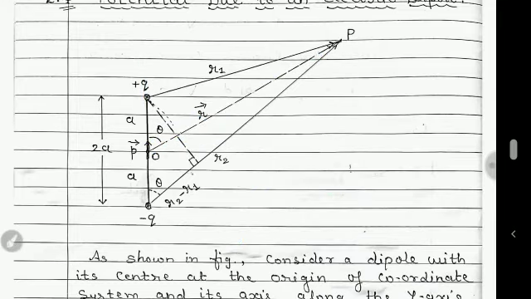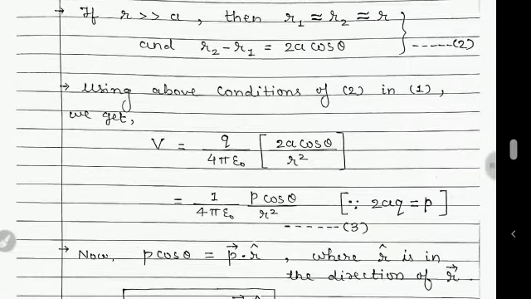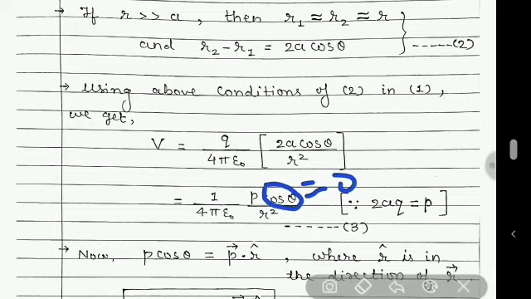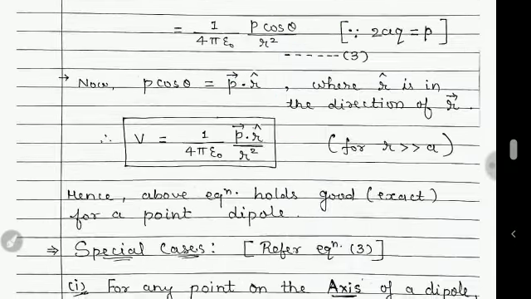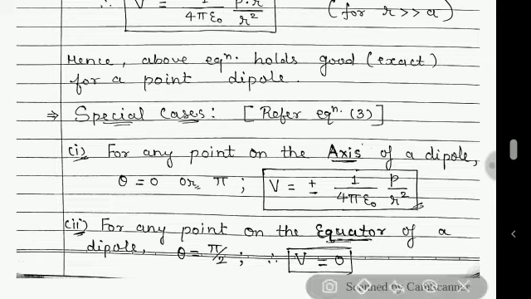So if we put cos 90 equal to 0 in this equation number 3, then 0 into anything will be 0, and hence finally we can say that if we select any point on the equator of a dipole, then the potential will be 0.